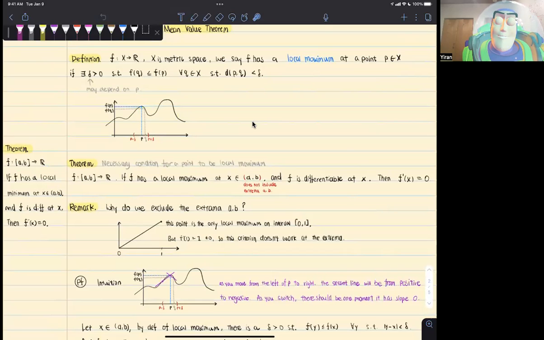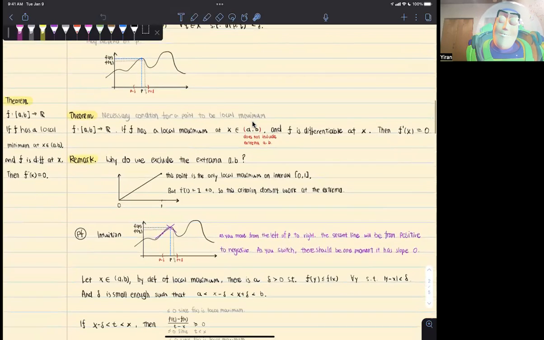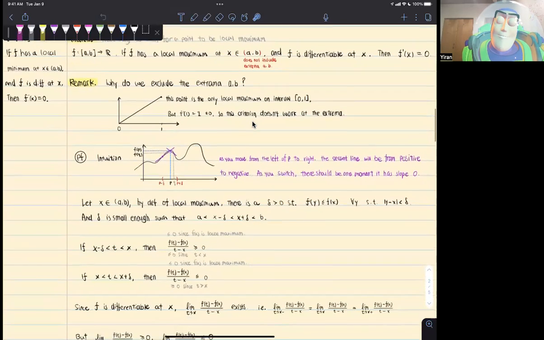And it's also true that if p is a local minimum, then the derivative of f at point p is also equal to 0, provided f is differentiable at this point. Okay, there are some remarks.